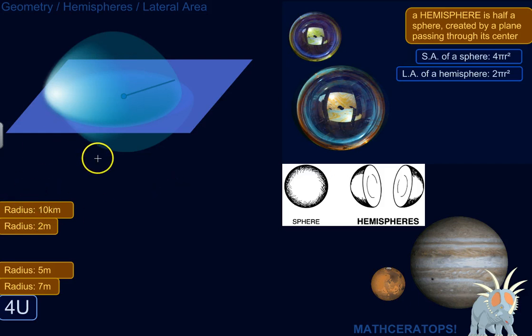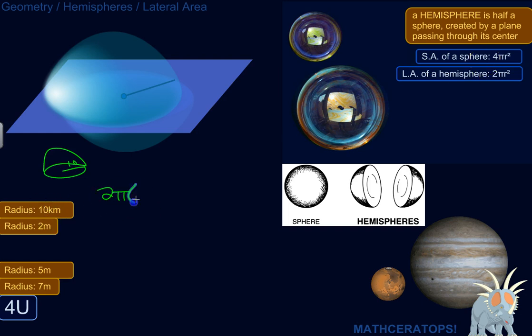Say we have a hemisphere with a radius of 10 kilometers. So we draw a little dome. The lateral area of a hemisphere is 2 pi times the radius squared.